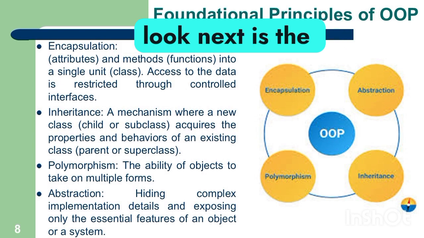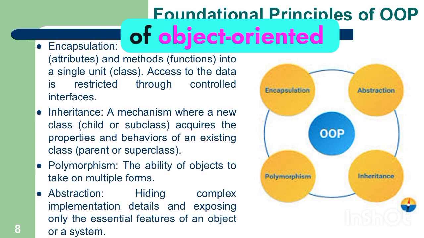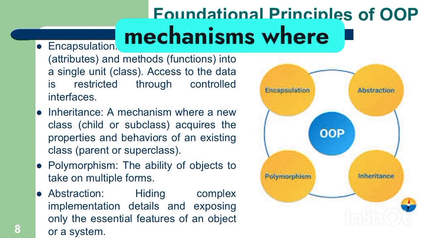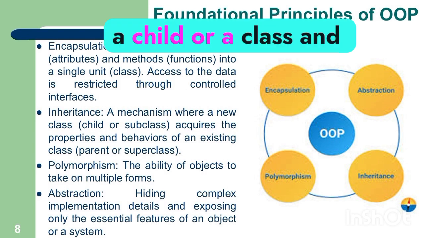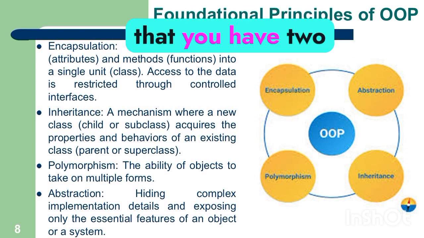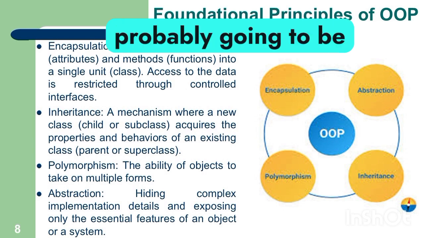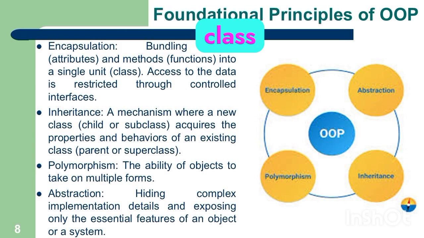So next is inheritance, as the second principle or concept of object-oriented programming. This is a mechanism where you have two or more classes. The first class is called the superclass, which is the parent class.